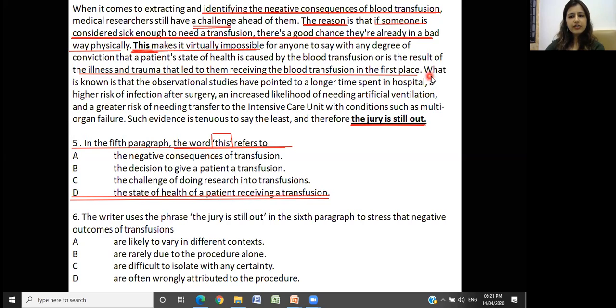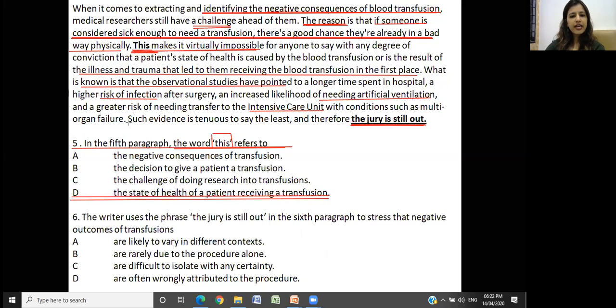Now, in the next sentence, the writer says, what is known is that, so we have some information because it is difficult to identify, but still we have some information from the observational studies. What is that information? That they may develop infection, or they may need artificial ventilation, or they may need intensive care after receiving blood transfusion.